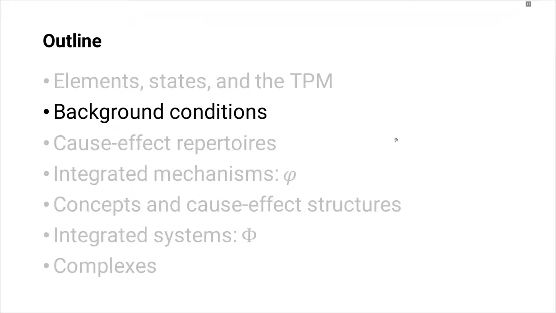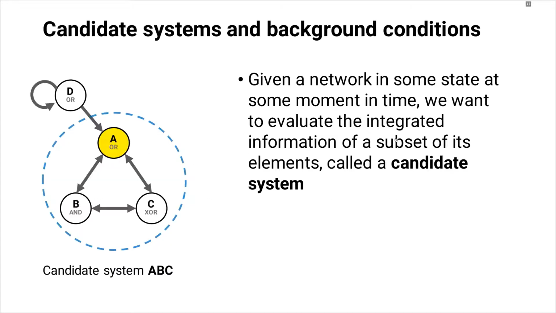So the question we want to ask when we're calculating integrated information later is: what impact does the network, or particular subsets of the network, or particular elements being in a particular state at a particular time point have on the future states of the network, or how does it constrain what the past states of the network were? So that's what we're going to get into now.